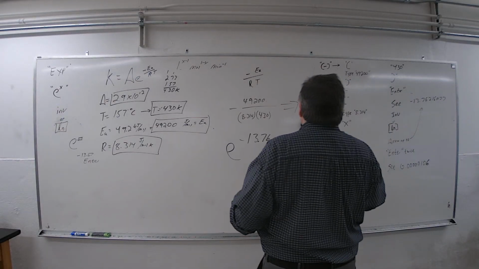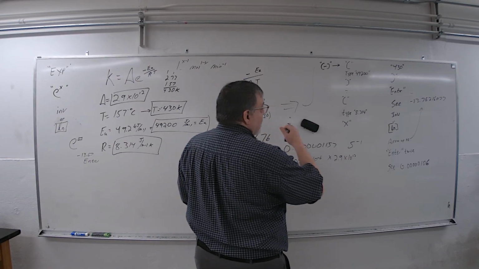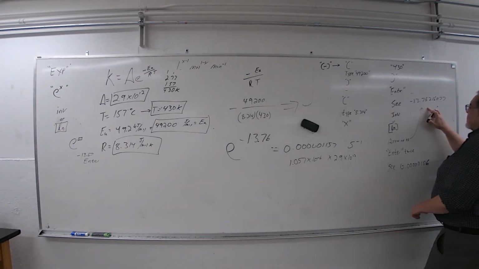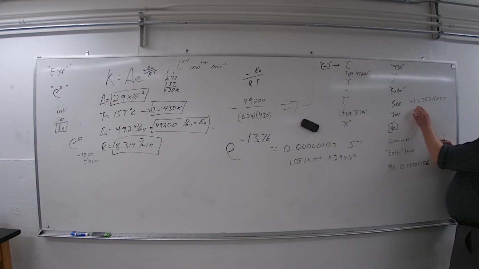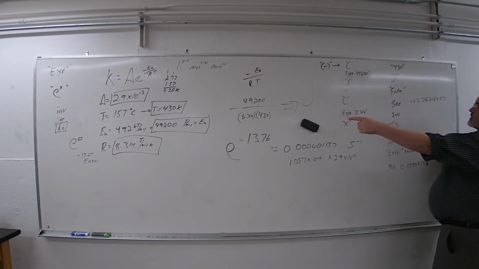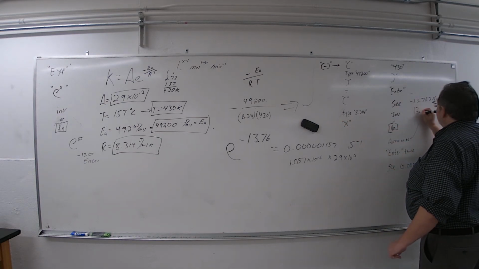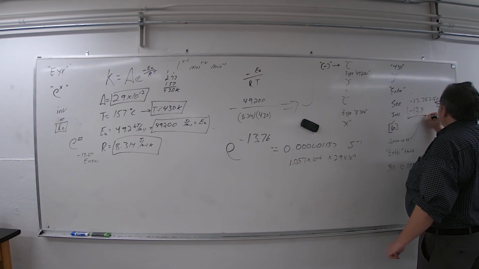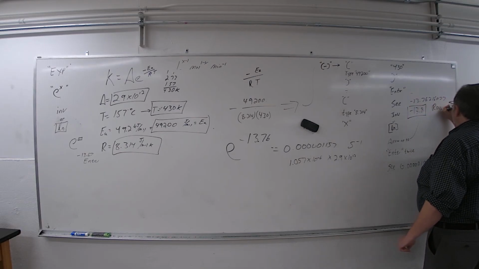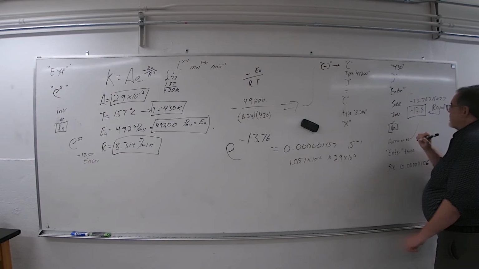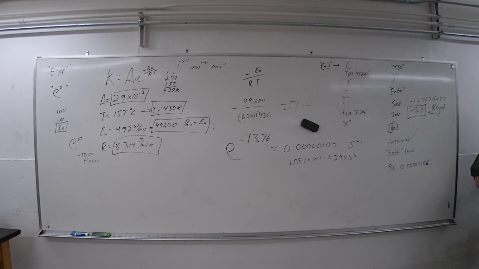Okay, so instead of this number, if you're rounding it to 3 significant figures, which is what you should get from there, you get negative 13.8. Try doing the exponential of the negative 13.8. See what you get. It's just inverse natural log of negative 13.8.